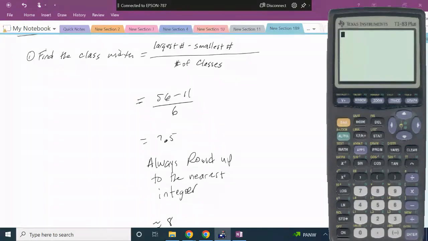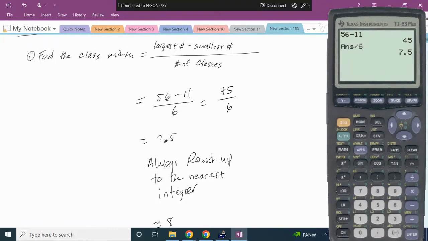So I'm going to put in this class width formula. The first time I did it, I didn't use parentheses. I just put in 56 minus 11, and that gave me 45. And I just took 45 and divided that by 6.